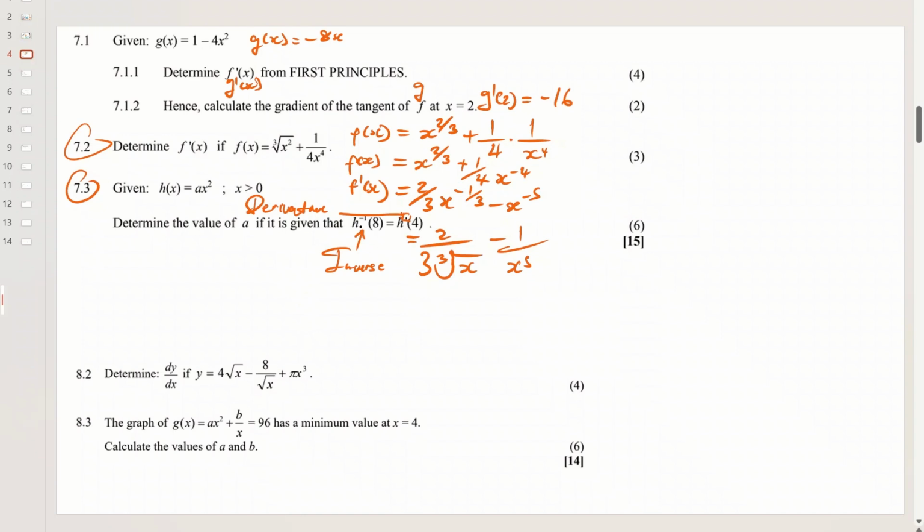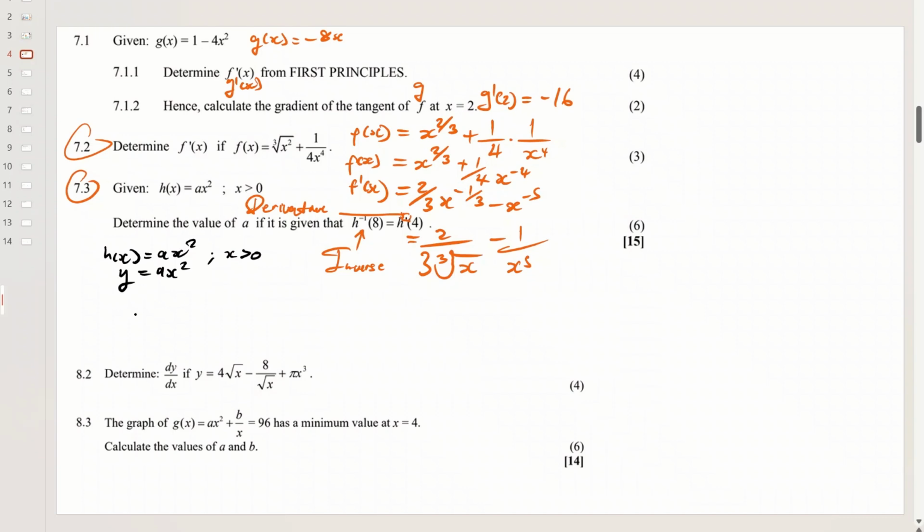So guys, first let's take the inverse of h of x. So we have h of x, which is equals to ax squared. Remember, when you take the inverse, guys, you just swap the places of x and y: y becomes x, and x becomes y. That's the inverse. So now h of x, remember, is the same as y, which is equals to ax squared.